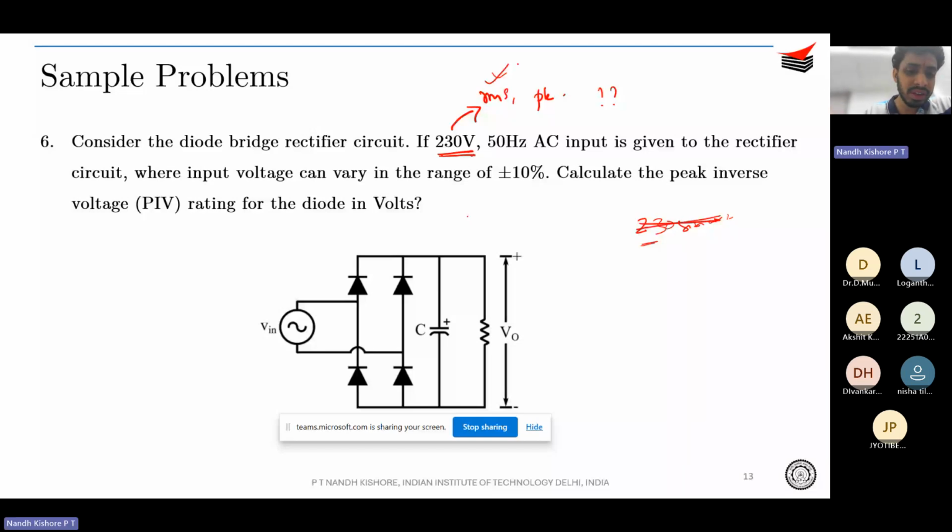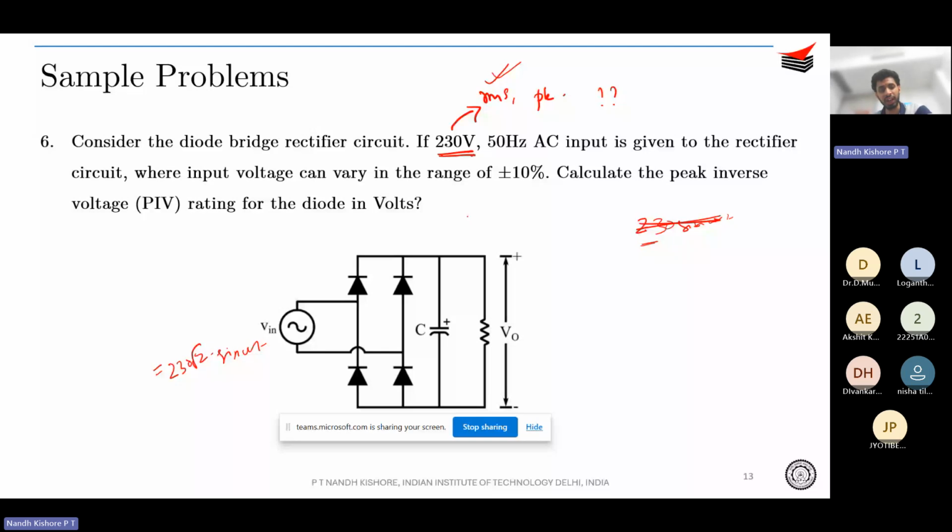So the point is Vin will be equivalent to 230 root 2 sin omega t. Input voltage can vary in the range of plus or minus 10 volt, so 230 root 2 plus or minus 10%.